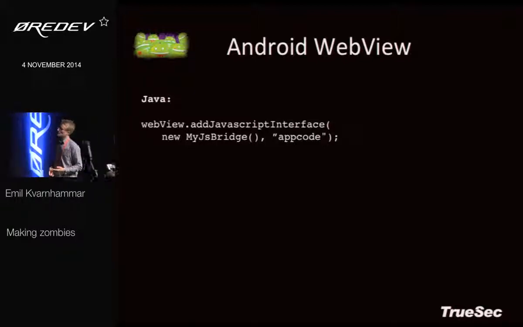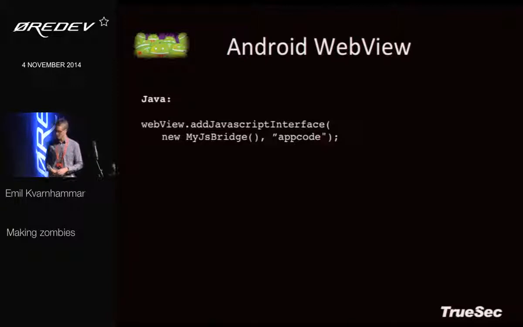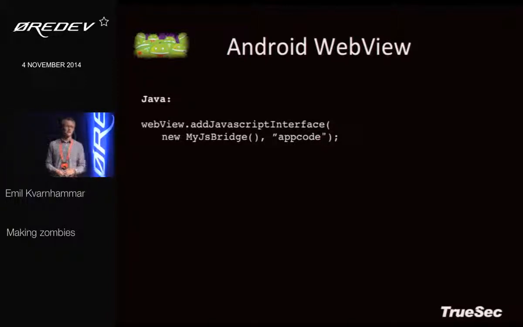But just to explain why this is possible, there is by design a possibility to add Java objects that are going to be available in JavaScript. So you don't add it in JavaScript, but in your Java code, you have access to your WebView, you call a method, addJavascriptInterface, you send in the Java object you want to have accessible through JavaScript, and you send in a friendly name for that.